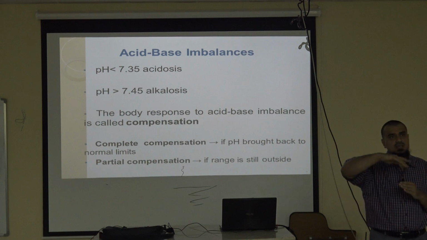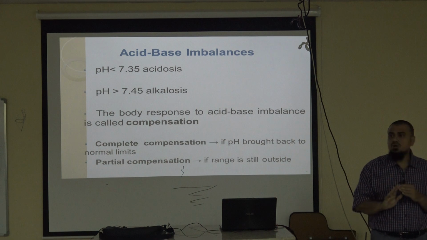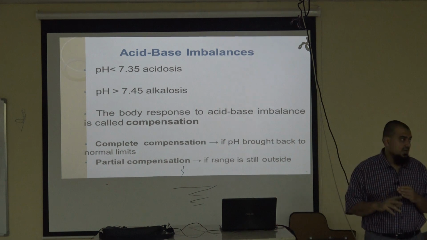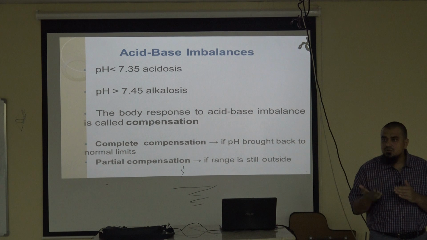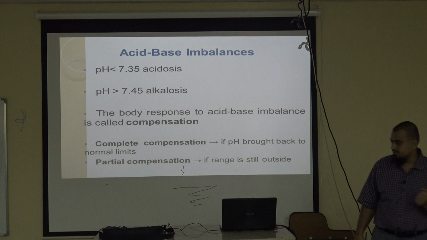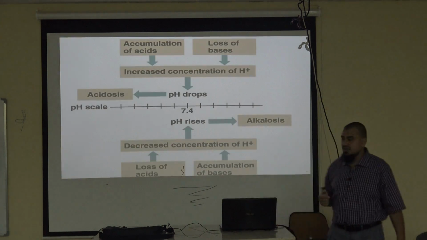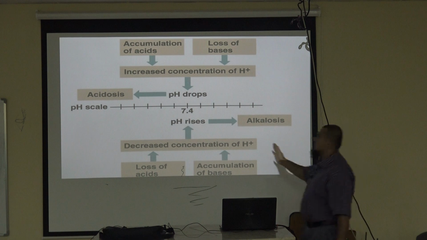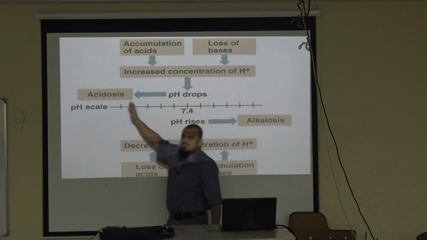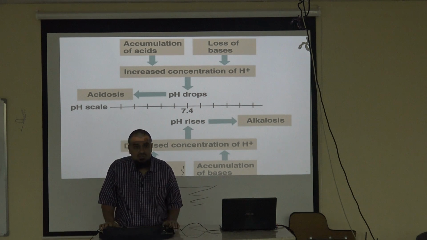Either the pH is brought back to the normal value, in which case it is called complete compensation, or the body is unable to bring the pH to the normal value, and this is called partial compensation. Clear? So we just said that when the pH drops, this is called acidosis. Now what can be the cause of this acidosis?